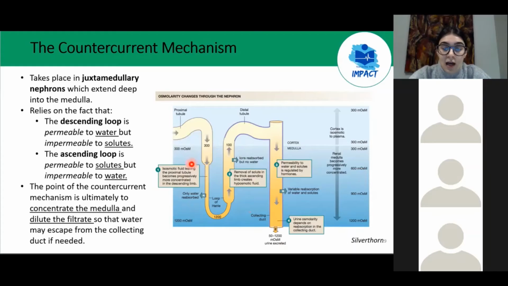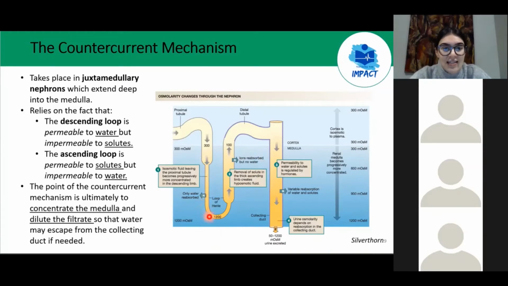So what starts as filtrate of about 300 milliosmoles steadily gets more and more concentrated until we hit something like 1200 milliosmoles, because all of this water is getting pumped out to try and counteract the sodium being excreted here.